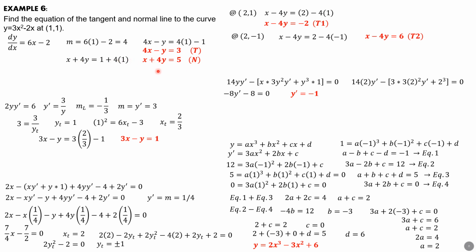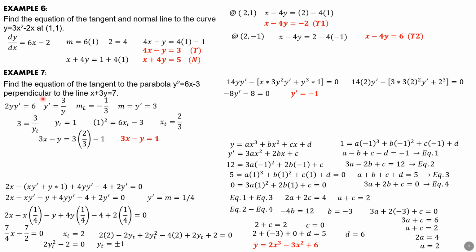That's the normal. Example 7: find the equation of the tangent to the parabola y squared equals 6x minus 3 perpendicular to the line x plus 3y equals 7. So differentiating, 2y y prime equals 6. So that means y prime equals 3 over y.